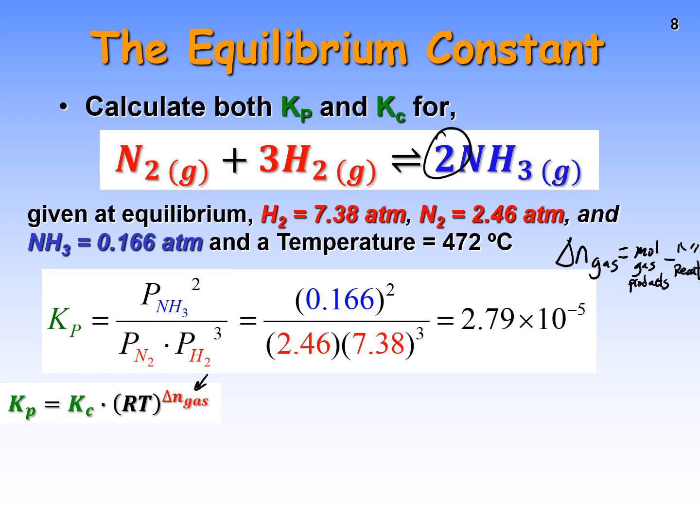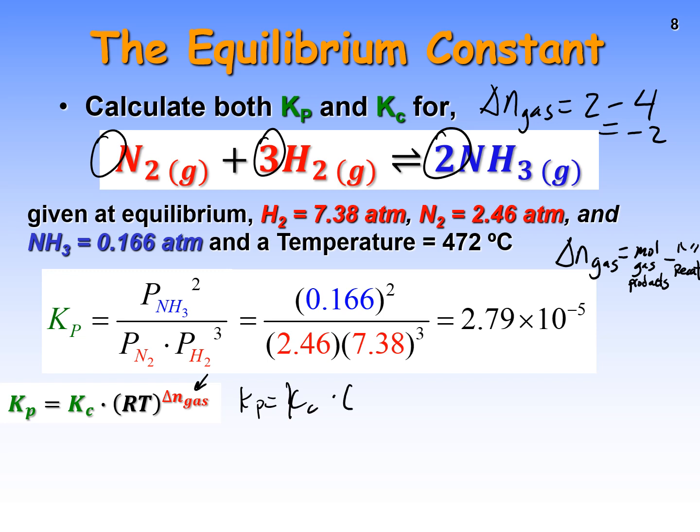In this case, I have 2 moles of gaseous products and 3 plus 1 moles of gaseous reactants. In other words, delta N gas for this reaction would be equal to 2 minus 4, or negative 2. So Kp is equal to Kc times RT to the power of negative 2.